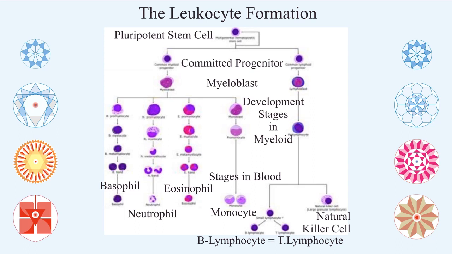From there, you get progenitor cells, which are the next in line. Then you have myeloblast cells. Then you go to the myeloid stages, which go through three different forms: early, intermediate, and late, to form different cells.